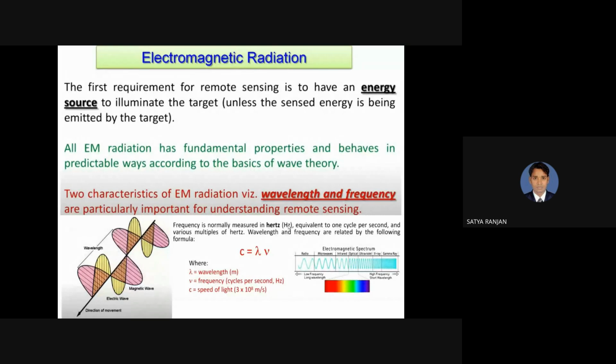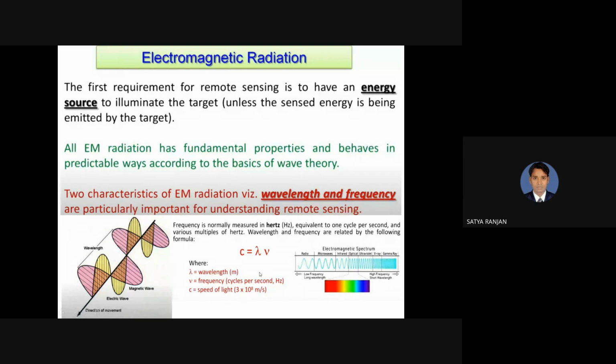Then the electromagnetic radiation. The first requirement for remote sensing is to have an energy source, and that is the EMR radiation, whose fundamental properties behave in a predictable way according to the basics of wave theory. The two characteristics of EM radiation are the wavelength and frequency.